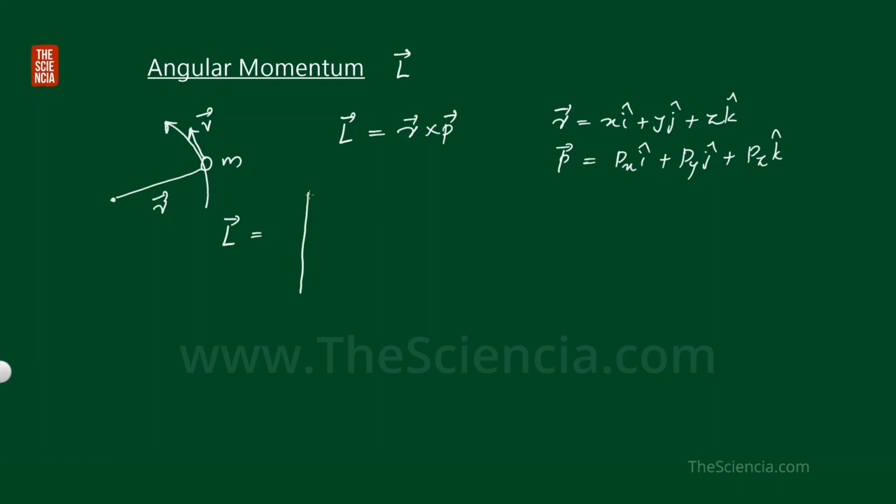So how can we solve this r cross p? That is the determinant with rows i j k, x y z, px py pz.